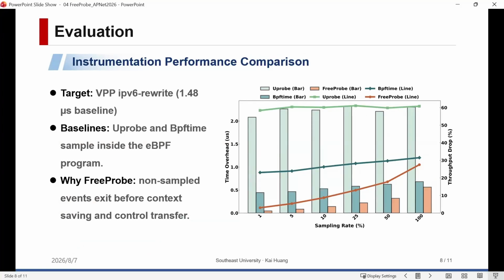Uprobe and BPF time pay a large fixed cost because sampling occurs inside the eBPF program. At a 1% sampling rate, FreeProbe has only 1.83% overhead, which is 98.6% below uprobe and 94.68% below BPF time.